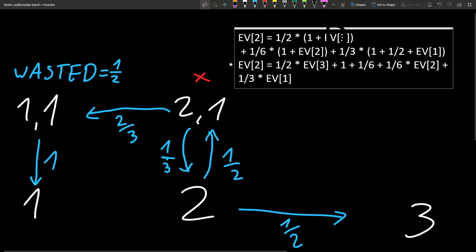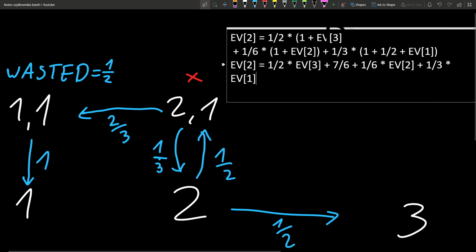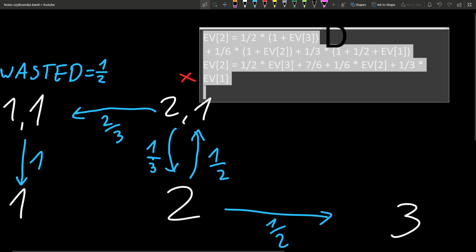Let's multiply both sides by 6 or maybe by 2. I'm not sure. Well, this is 7/6. Is that right? We will have half plus 1/6 plus this half, indeed. How to?